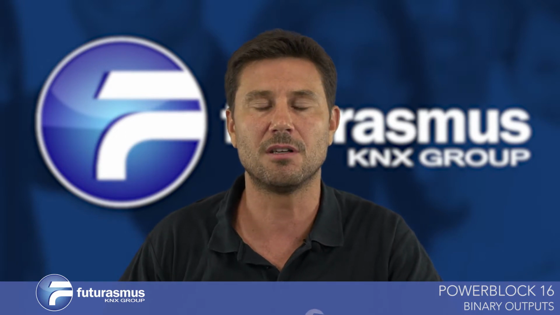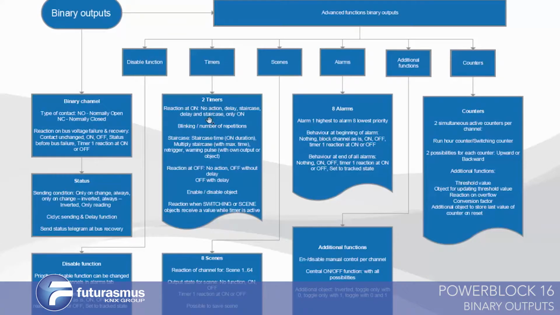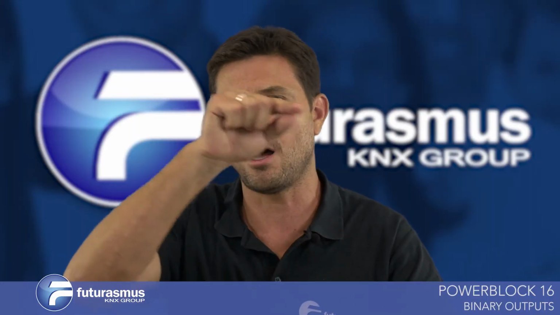The staircase function is a very useful function, and the staircase function of these timers is very, very complete. So you can switch the output on during a time, and then it automatically switches off. That can be used instead of a presence detector, for instance. So you can use a push button. You send the 1 to the output of the channel, or to the timer function of this channel, and then the output will switch on during the staircase time and automatically switch off again afterwards.